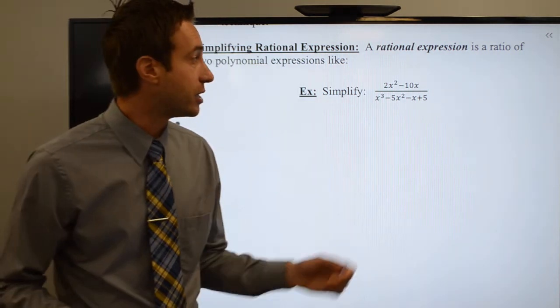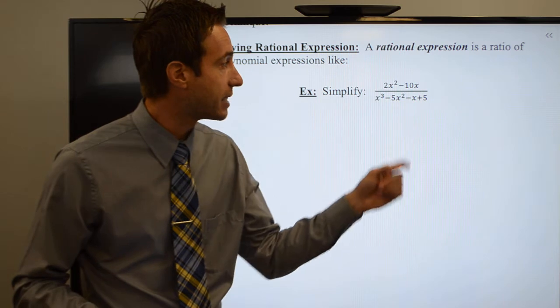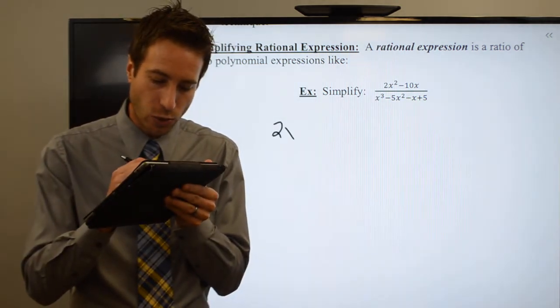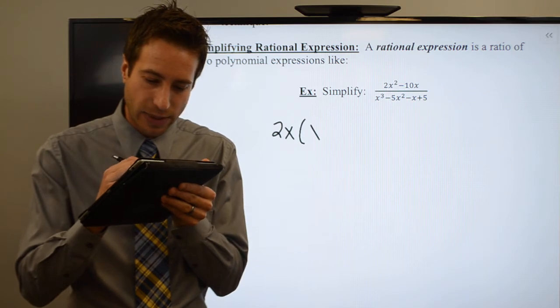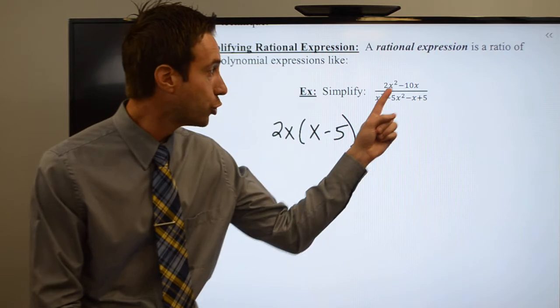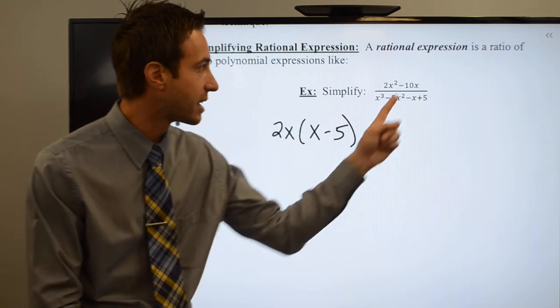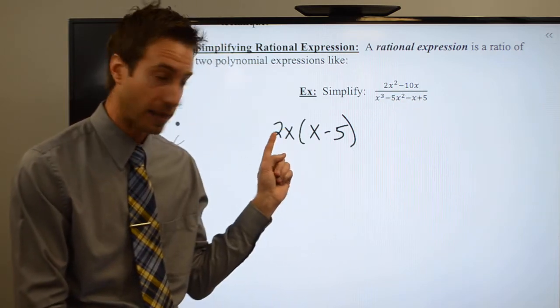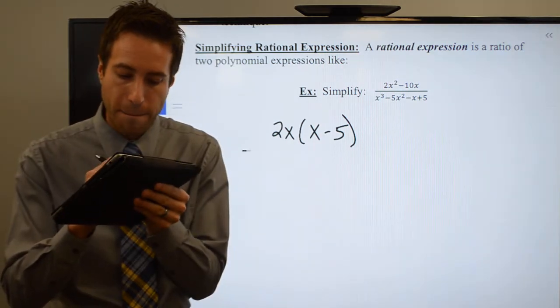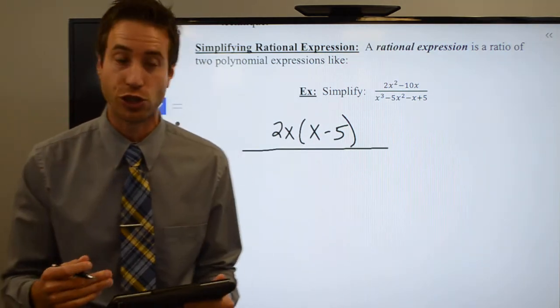And I do have a GCF in 2x squared and minus 10x. I can pull a 2x out of both of those. So that's what I'll do. I'll pull out a 2x. That's going to leave me with an x minus 5 left over. 2x squared divided by 2x leaves me with an x, and a minus 10x divided by 2x leaves me with a minus 5. All right, so I factored the top by pulling out a GCF.